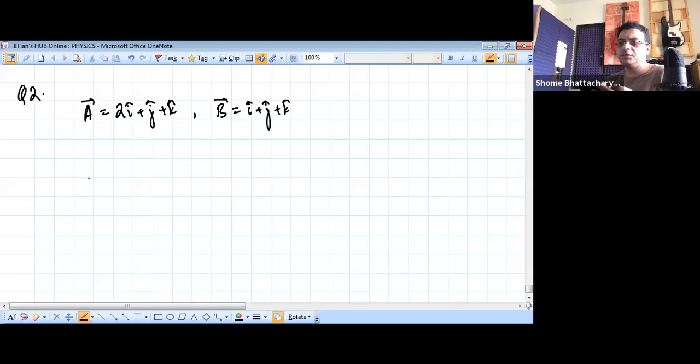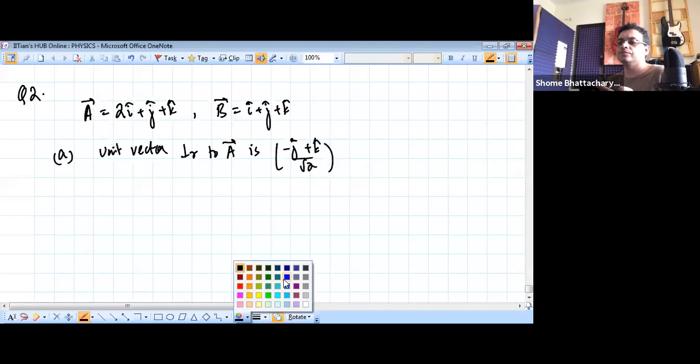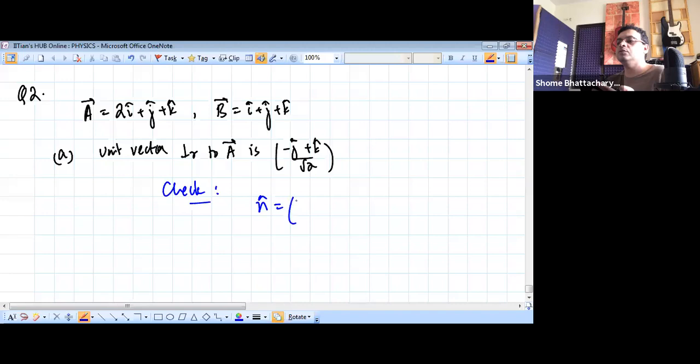Now, for example, option A is asking that the unit vector which is perpendicular to A is this one, minus j cap plus k cap by root 2. So let us check whether this option is correct. So how to check this now? So let us say this is the unit vector we are talking about.